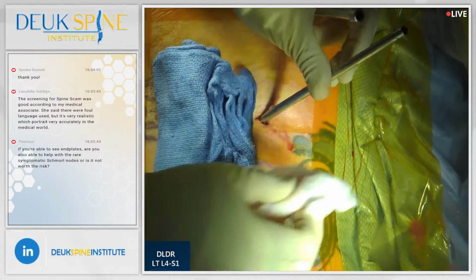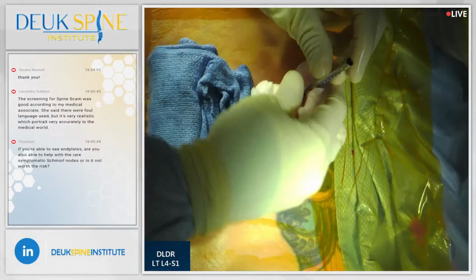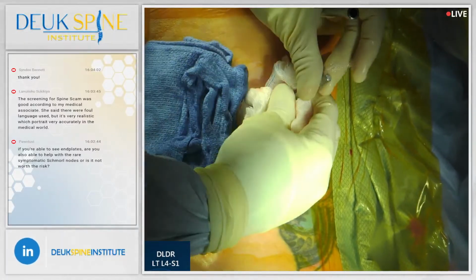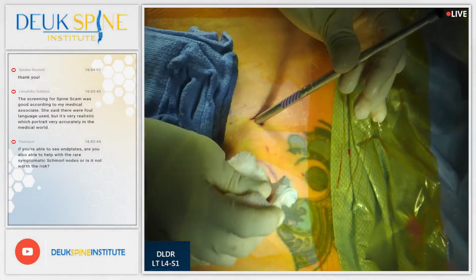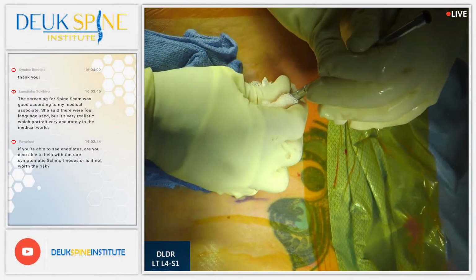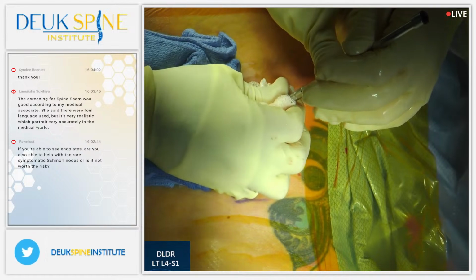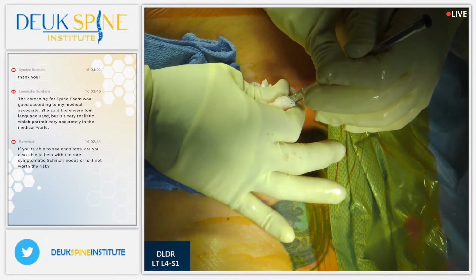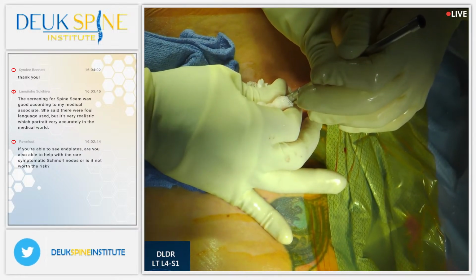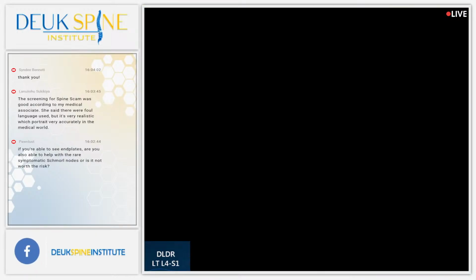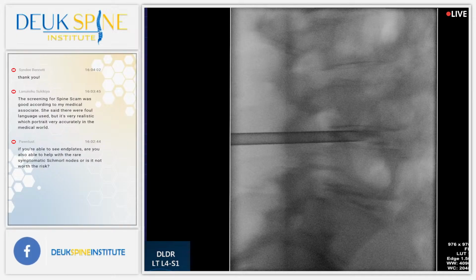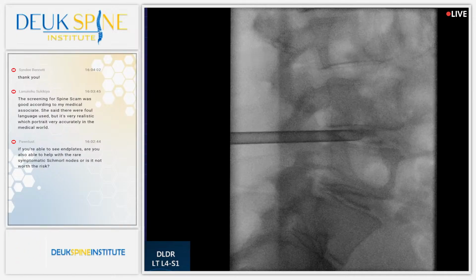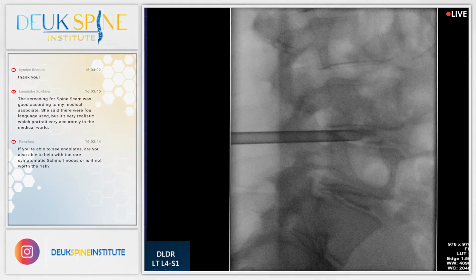19 years. And by the way, this June, we're going to hit the 20-year anniversary for this procedure, Duke Laser Disc Repair. We're going to have a party and we're going to have pizza. I'm going to buy Brooklyn pizza for everybody, unless you guys have a better suggestion. We could do Mexican. We can do whatever you guys want to do. Just give me some suggestions. I don't know.